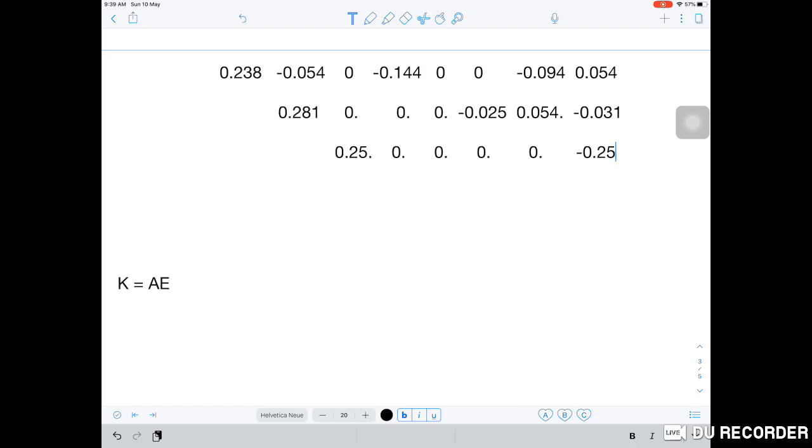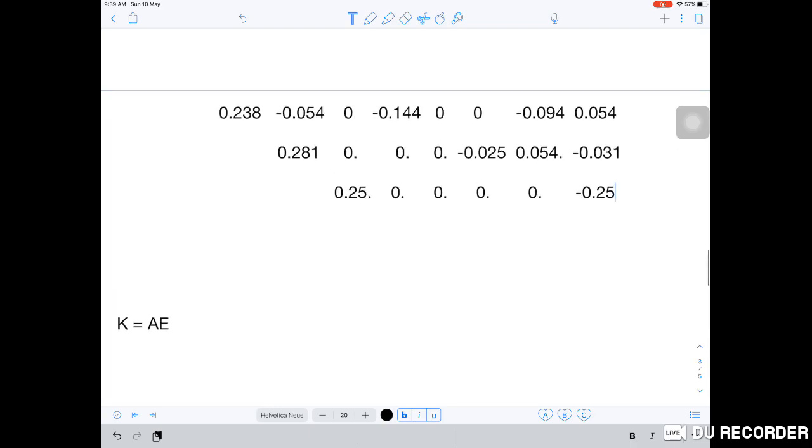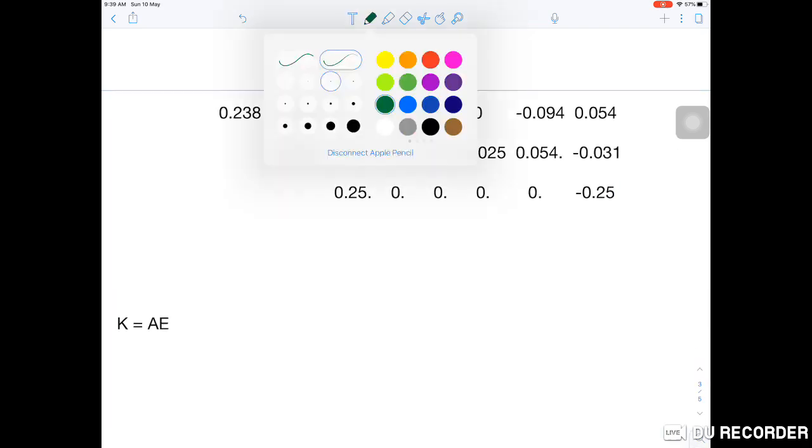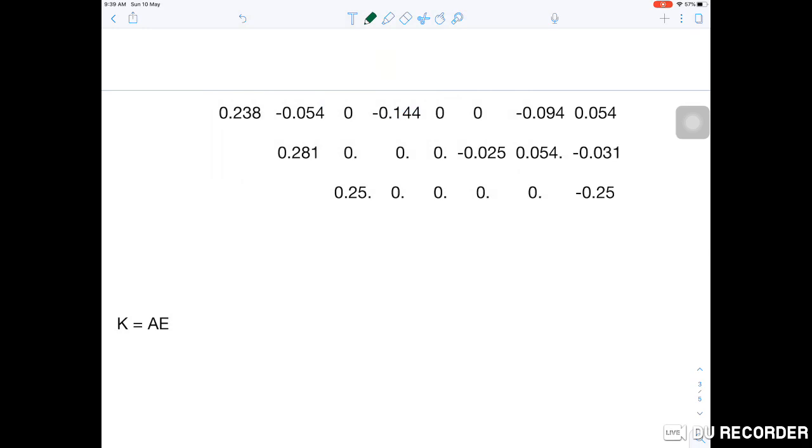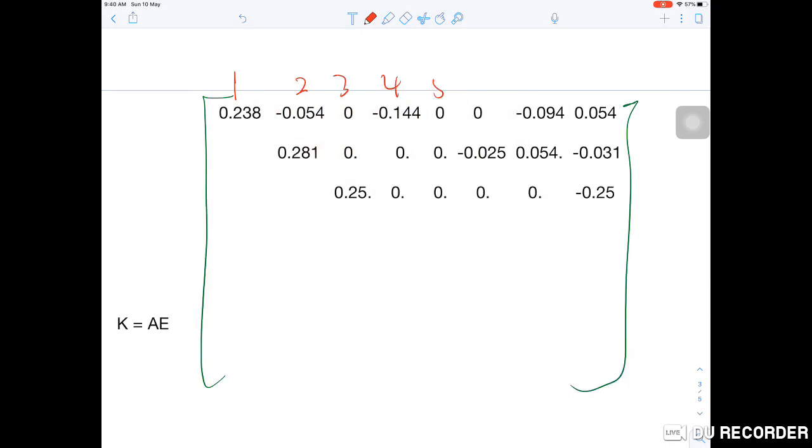We continue until we get all the 8 by 8 values of the structure stiffness matrix. I don't want to finish this; I just want to put the bracket here. The labels are 1, 2, 3, 4, 5, 6, 7, 8 across and 1, 2, 3, 4, 5, 6, 7, 8 down.